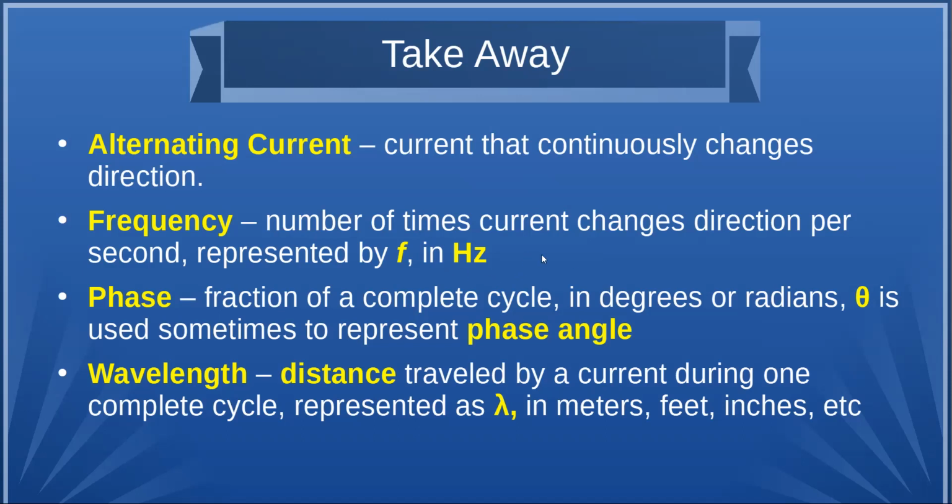I don't deal in that frequency here. We have the phase, where it can be shifted, and you'll see with inductors and capacitors, they create a phase shift. And then wavelength is the distance that it travels during a cycle, based on the speed, which is the speed of light or less, depending on the actual medium it's going through.